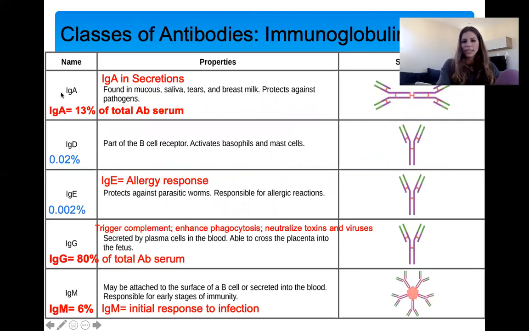IgA, IgD, IgE, IgG, and IgM are the 5 different classes of immunoglobulins. IgA is found in secretions. What's in red is what I want everyone to know. IgE has to do with the allergy response. IgG is the most abundant in our serum, and IgM is the initial response to infection. We're going to go over each one right now.